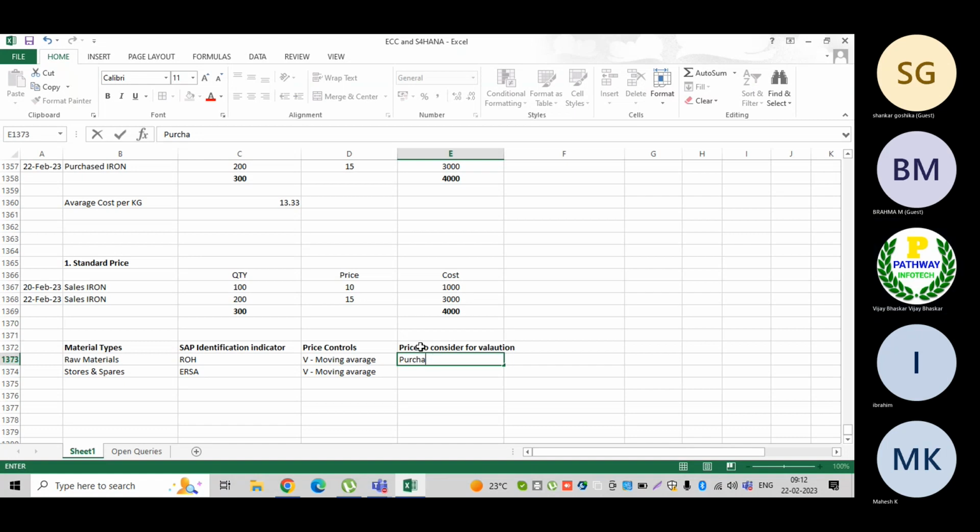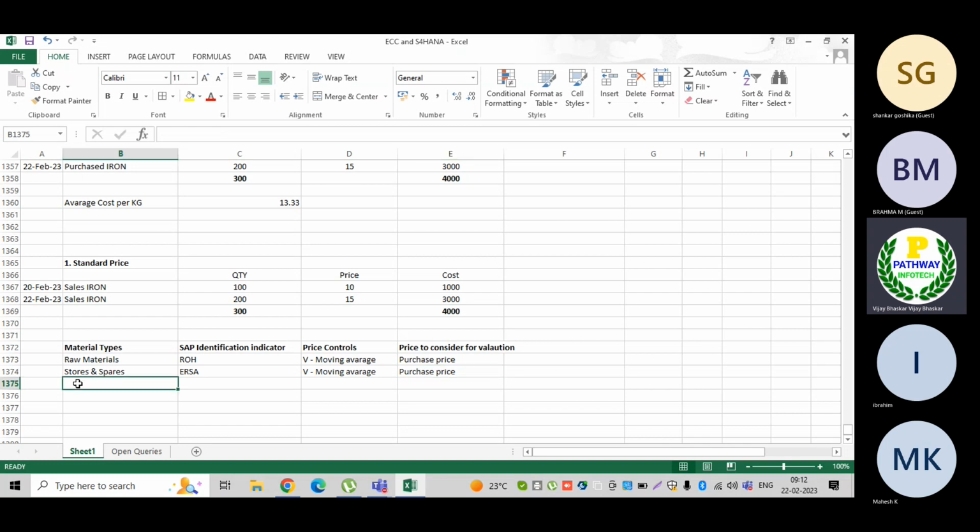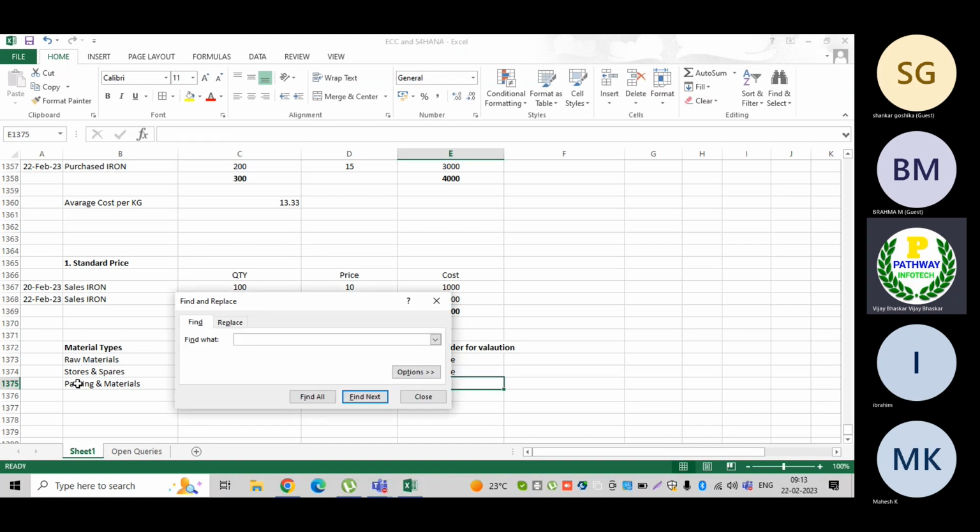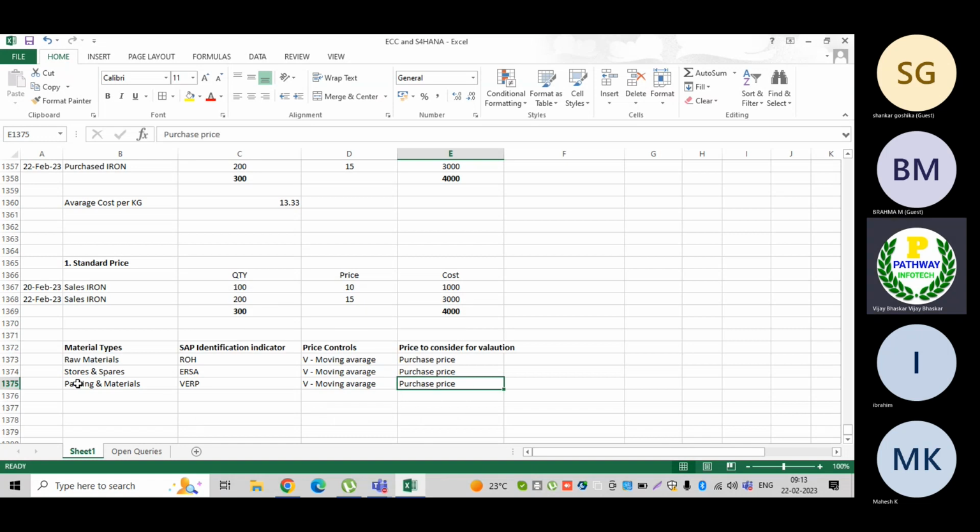Whatever the purchase price was at the time of purchase, we need to use that price for the raw material for the valuation of your material. Then packing materials, VERP. For this one also it's the same, moving average, same purchase price.